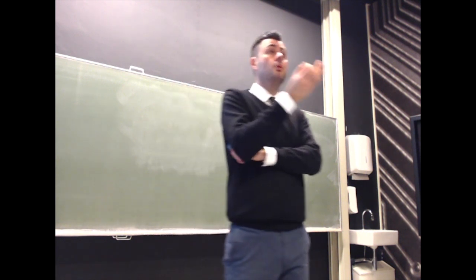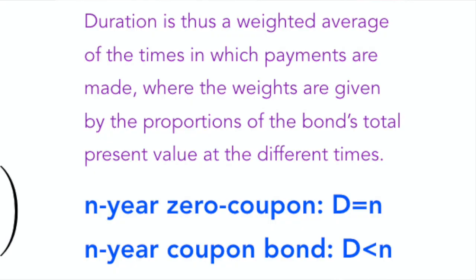So for a zero coupon bond, duration is equal to the maturity of the zero coupon bond. If I invest over 1 year, I will get my money in 1 year from now. And if I issue a zero coupon bond, I will pay in 1 year from now. So that's very important. In a zero coupon bond, duration is exactly the time length of the investment.